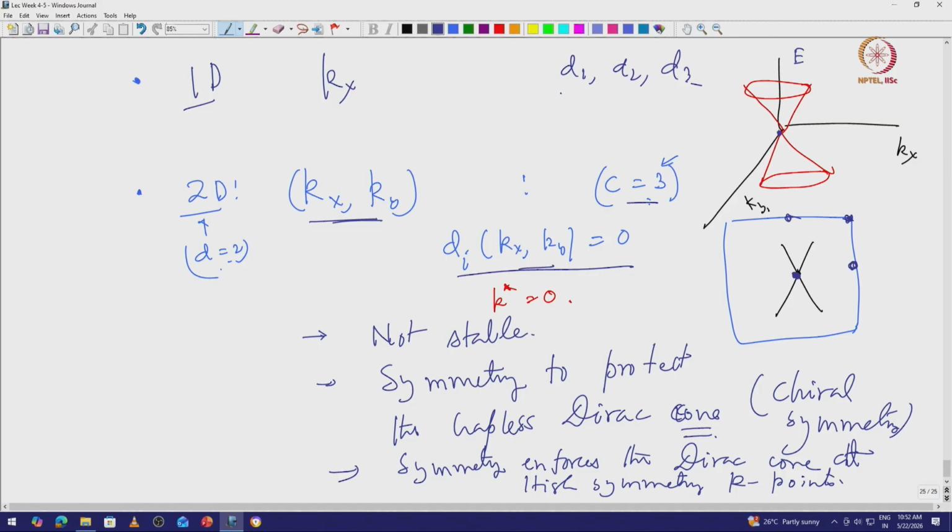So for the SSH model we looked into d1, d2, that was also unstable except for some symmetry called chiral symmetry, which makes those Dirac cones stable.